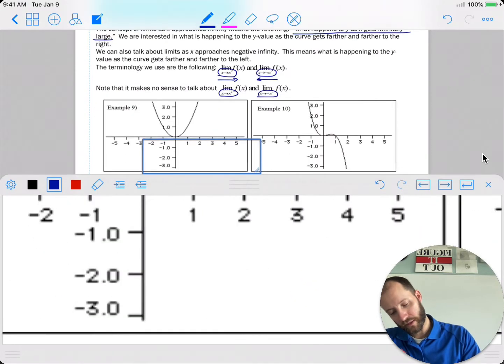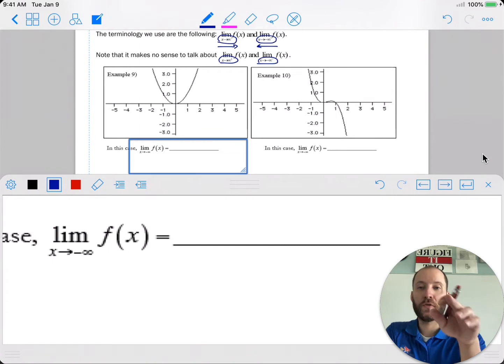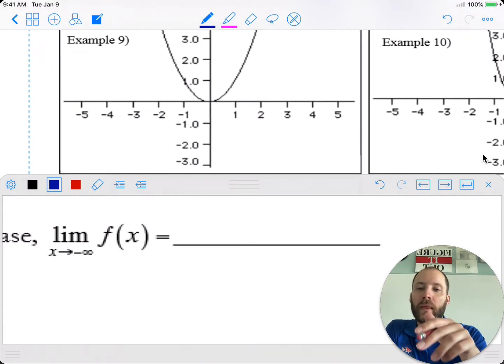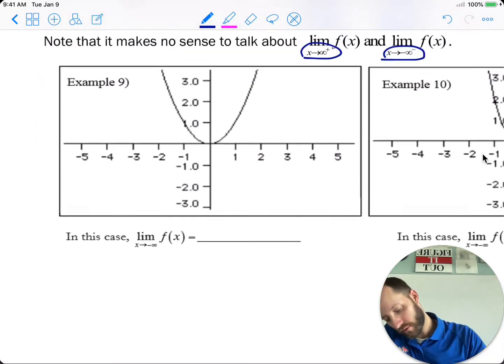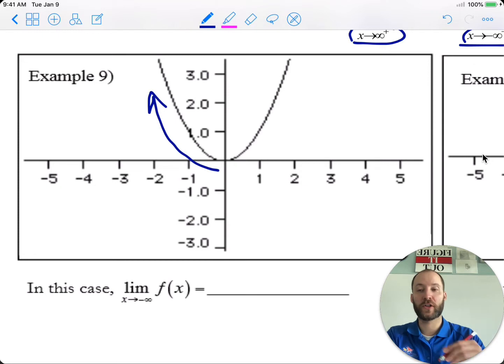Alright, so for this quadratic looking function, we are going to negative infinity. The limit of f(x) as x goes to negative infinity, so going to the left. As you go to the left, the function is going up.